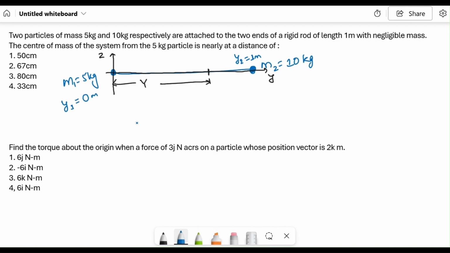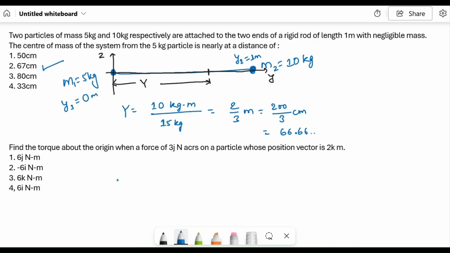So y equals m1 into y1, which will be 0, plus m2 into y2, which is 10 kg meter, divided by the sum of these two masses, 15 kg, and it will be 2 by 3 meter. If you convert it into centimeter, it is 200 centimeter divided by 3, which is 66.666 and so on. So this is nearly 67 centimeter.